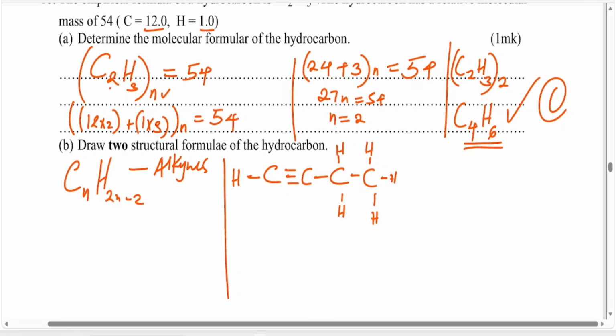And we may also have another one where we place the triple bond between the two carbons in this way.